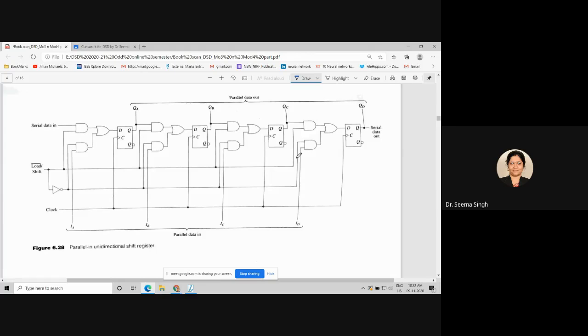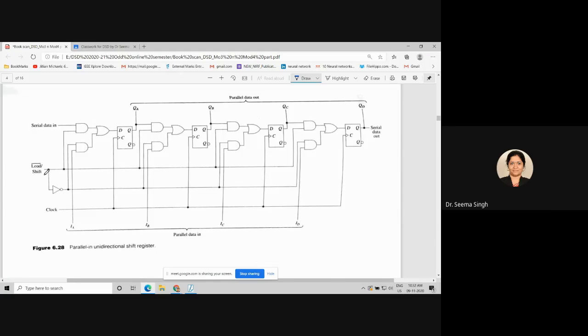So what is happening in this is that you have your data loaded here. Parallel data in has to be loaded in a specific manner. So we have a control signal called load bar or shift.